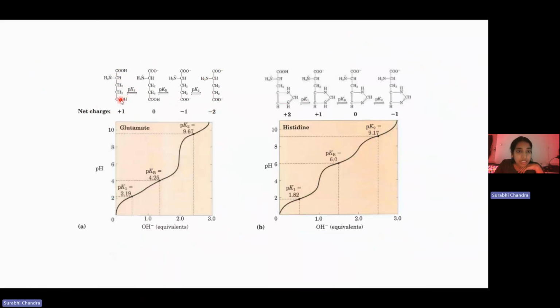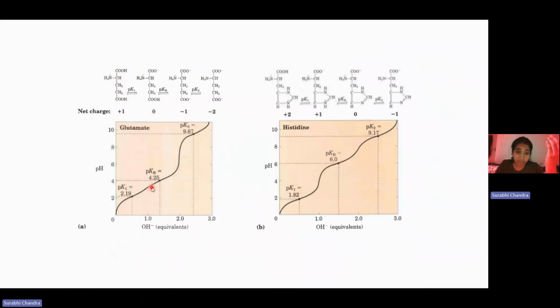So when the pH is too low, both these carboxyl groups have H attached, it hasn't yet donated its H plus, and NH2 will be present as NH3 plus. So net charge is +1 here.